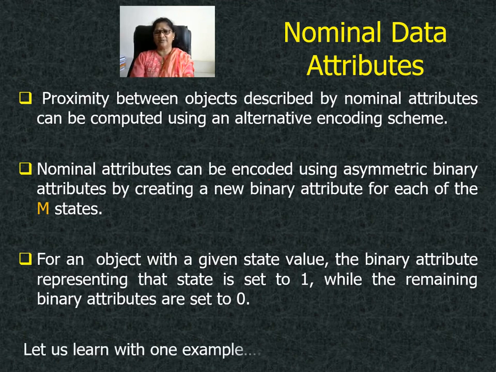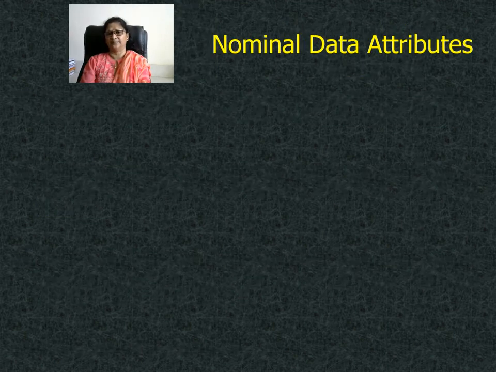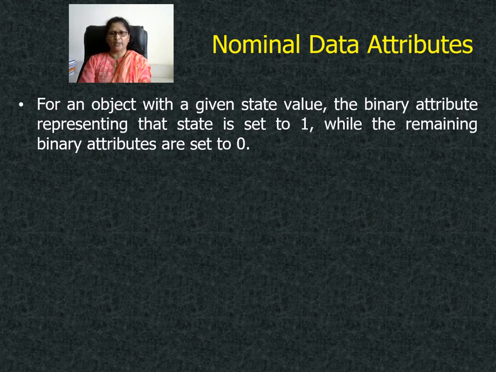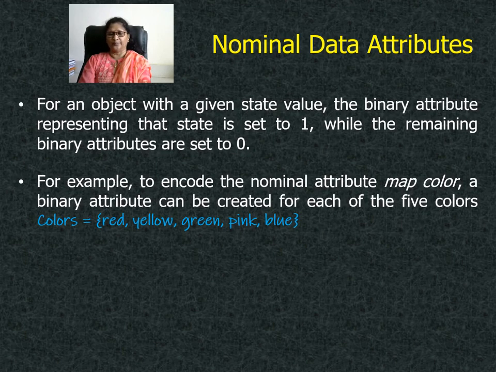Now how? Let us learn with one example. For an object with a given state value, the binary attribute representing that state will be set to 1 and the remaining attributes will be set to 0. For example, to encode the nominal attribute map color, a binary attribute can be created for each of those 5 colors: red, yellow, green, pink and blue.